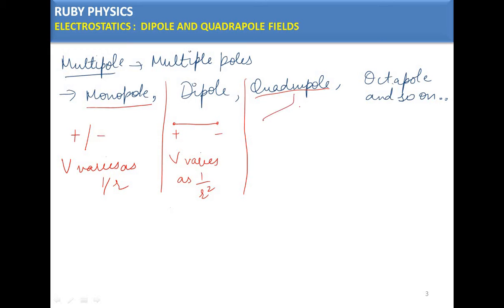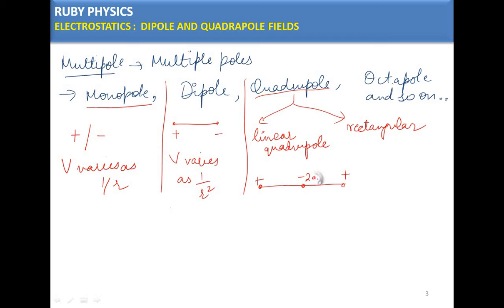Quadrupole can be of two types. It can be a linear quadrupole, and it can be a rectangular quadrupole. A quadrupole has four charges, and a linear quadrupole will have all the charges in one line only.